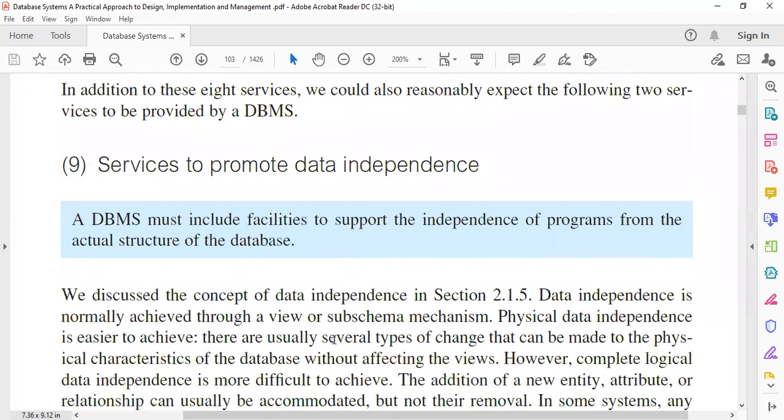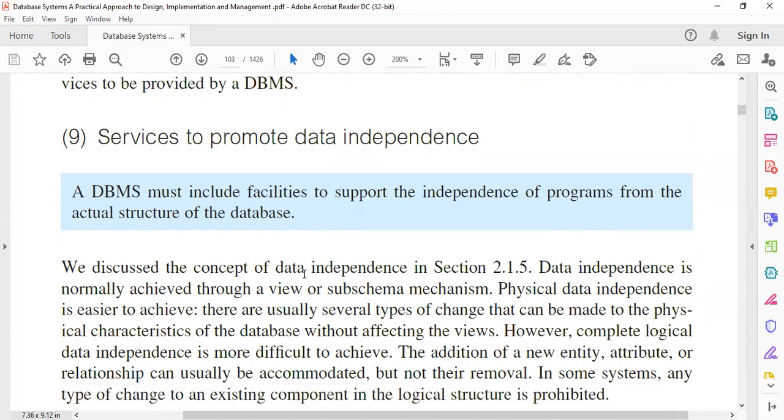The other service or function of the DBMS is to promote data independence. And this is achieved through the use of the metadata or this data dictionary. I think you have talked about what is contained in this data dictionary or in the metadata. So the DBMS must include facilities to support the independence of programs from the actual structure of the database.